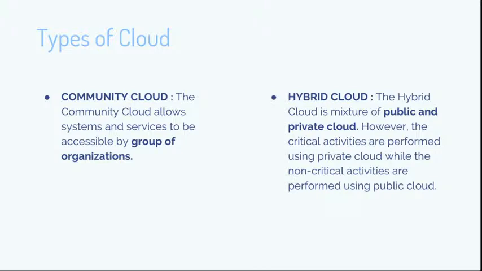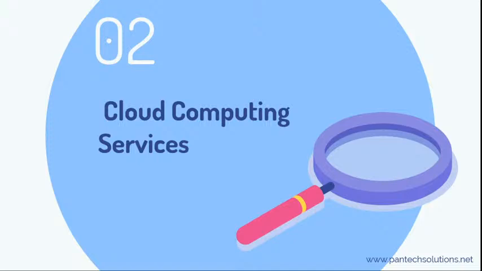Okay, so these are the types of cloud. Next one, cloud computing services. What are the services we have? We already know what cloud is. We can access some data or some application. If you want to access other data, we need some type of services.